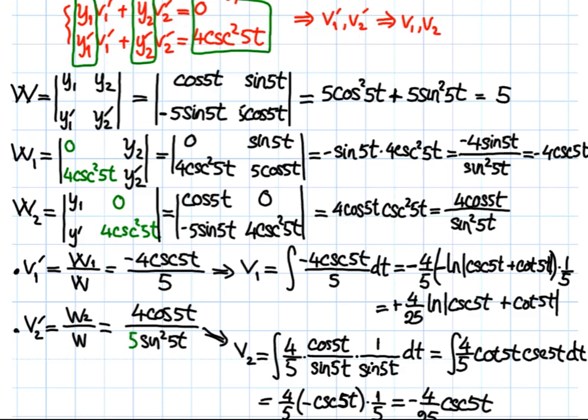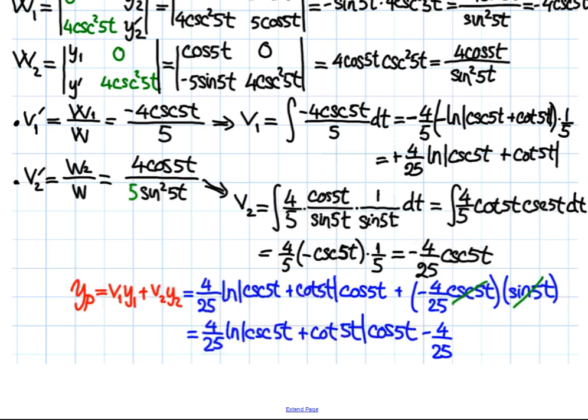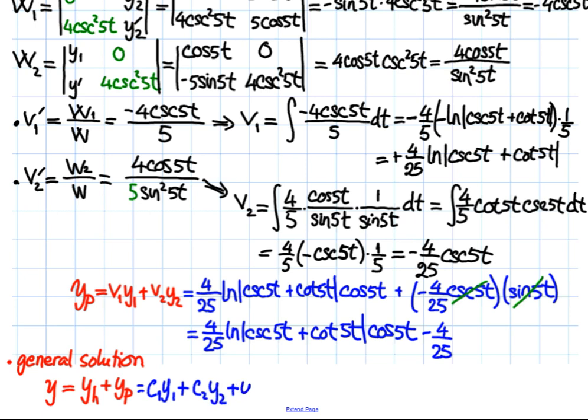The general solution will be the homogeneous solution or the complementary solution plus the particular solution. Or we will write C1y1 plus C2y2 and the particular solution.